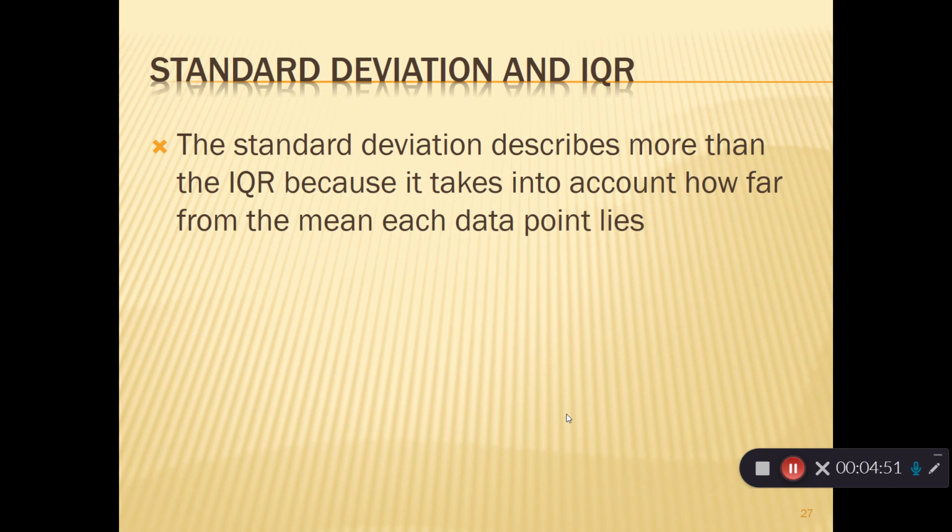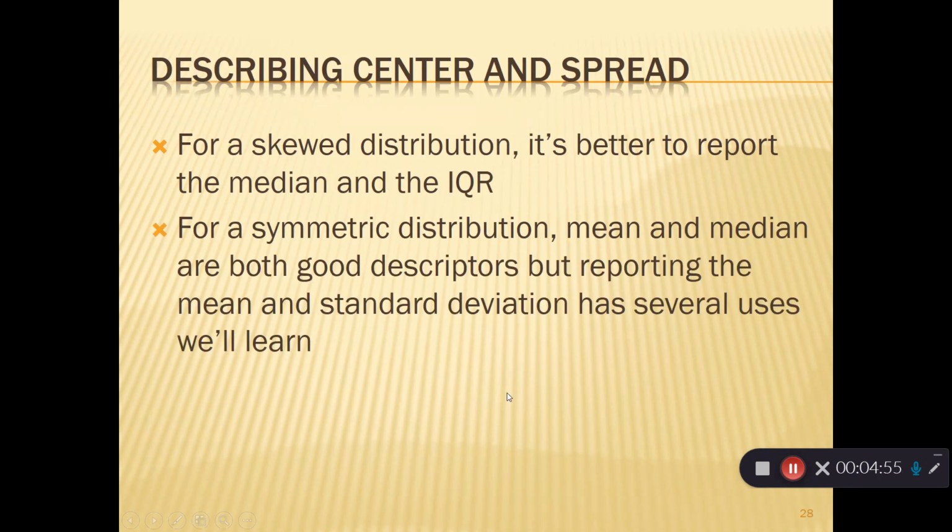The first quartile and the third quartile would be the middle 50% of the data. For a skewed distribution, we use the median and the interquartile range to describe that data. The mean and the standard deviation are really only good descriptors of a symmetric distribution.